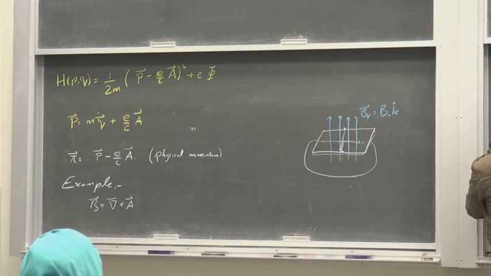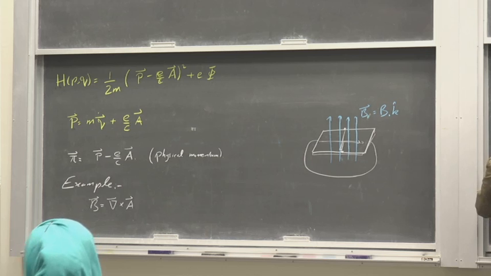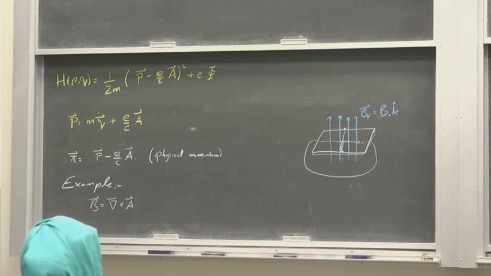I can take this to be my vector potential. These are my components. X component depends on Y, it increases with Y. And Y component of this potential depends on X, changes with X, and there is no Z component.